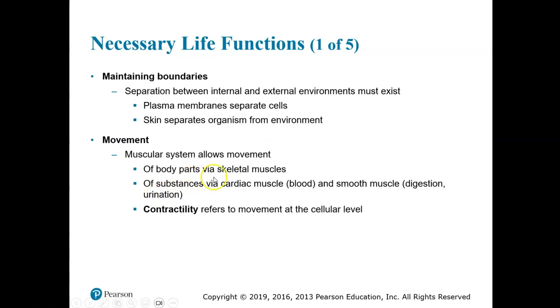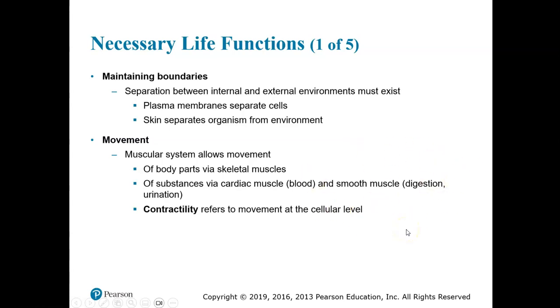Movement, again, that can be movement of body parts through our skeletal muscles, movement of blood, and movement of the contents of our digestive tract, which is the food we eat, and then the stomach contents once it begins to break down in our stomach with our gastric juices, our gastric substances that combine with the food.